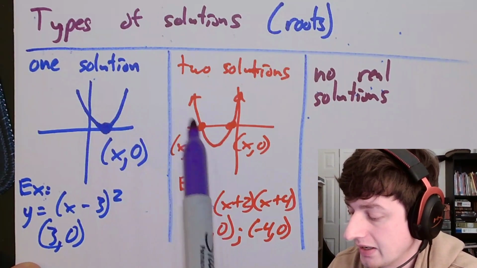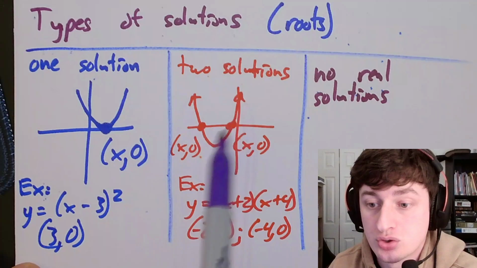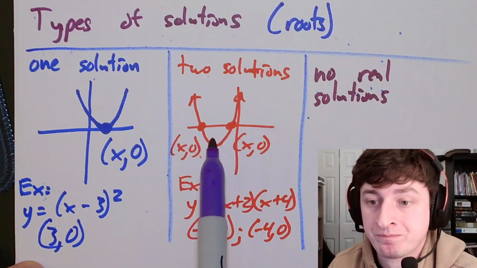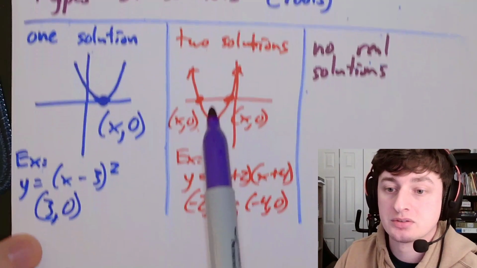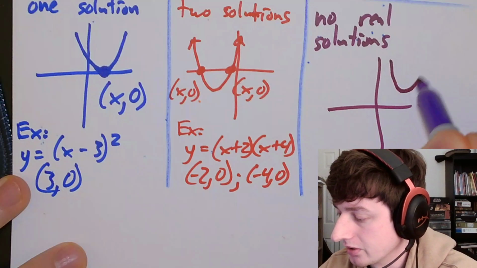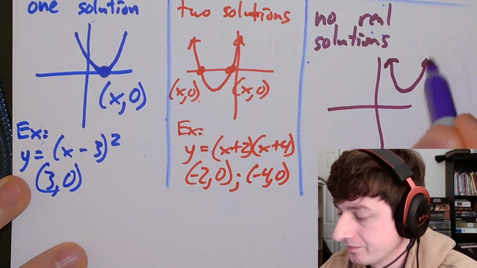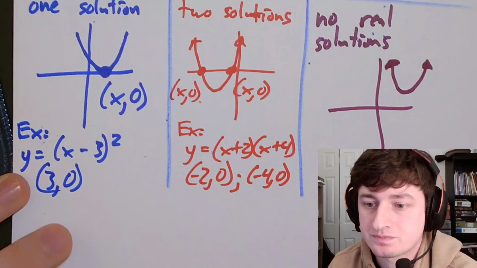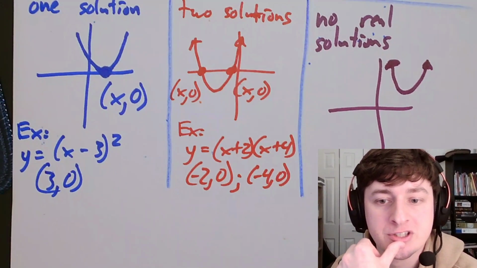We could move it down and now the curve is touching at 2 points. Or what if it doesn't touch the x-axis at any point? What if it's up here? What if it's up there?